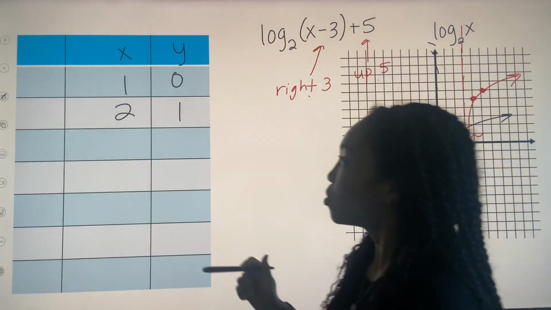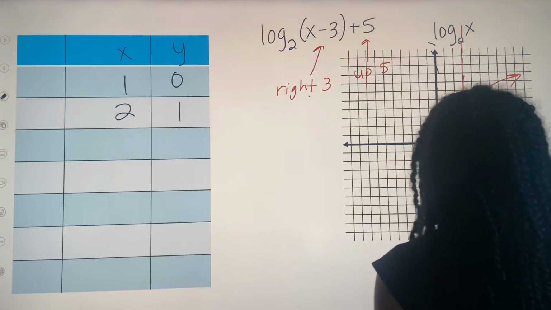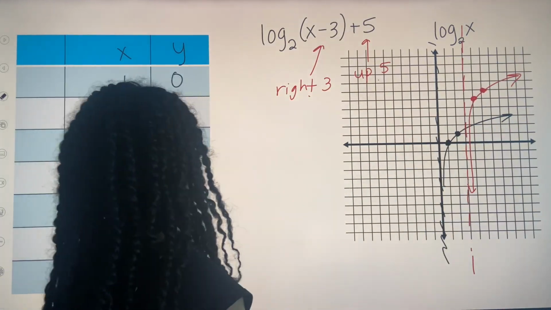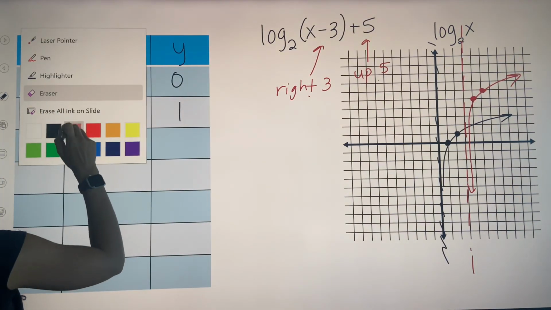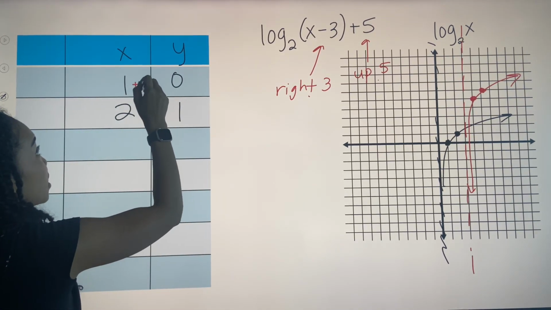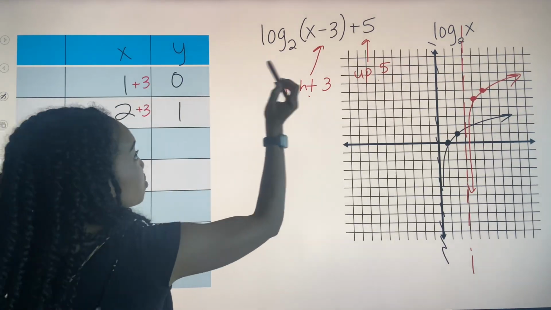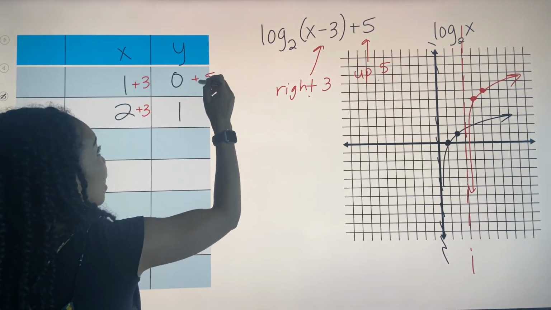Okay? So you can do it graphically. That's my new graph. Or you can use your table. So this went right 3. So you can add 3 to your x value since it went to the right 3. Your y values, they went up 5, so you can add 5.